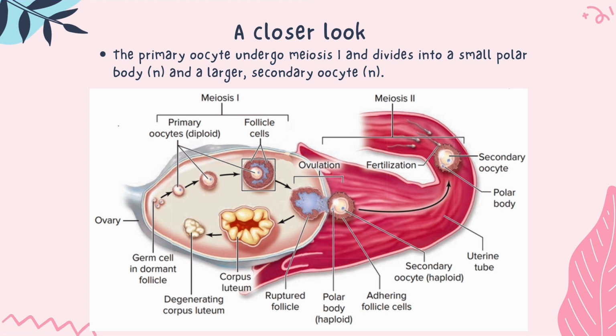Beginning at puberty, follicle-stimulating hormone, or FSH, periodically stimulates a small number of follicles to resume growth and development. Typically, only one follicle fully matures each month, with its primary oocyte completing meiosis I. The second meiotic division begins but stops at metaphase.